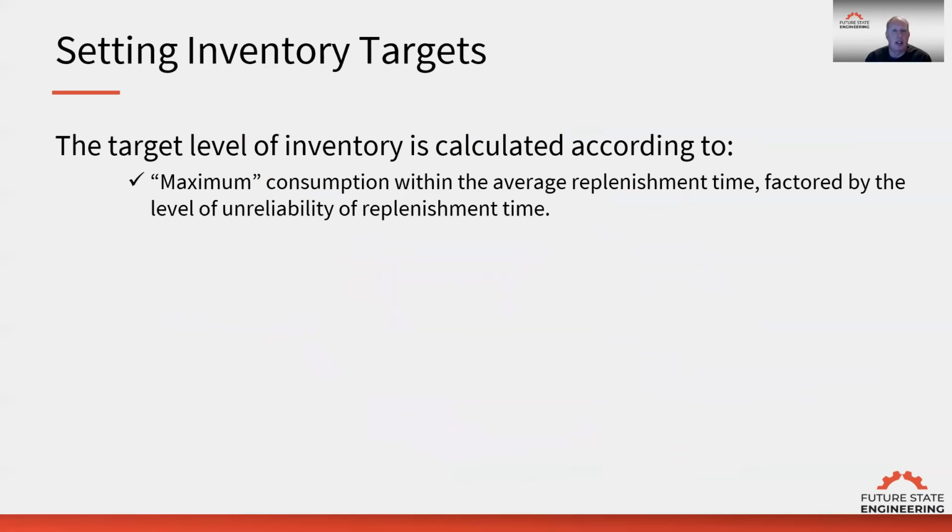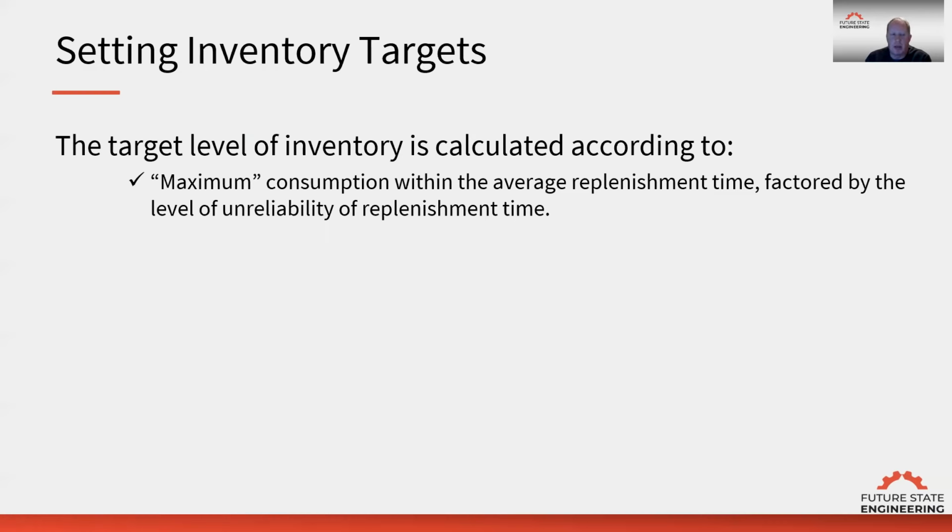When we look at setting inventory targets, our target calculation is the maximum consumption within the average replenishment time, factored by the unreliability of the replenishment time. Reducing the replenishment time from 23 days to 13 days means the maximum consumption within that period is going to be much less. Not quite half, but significantly less.